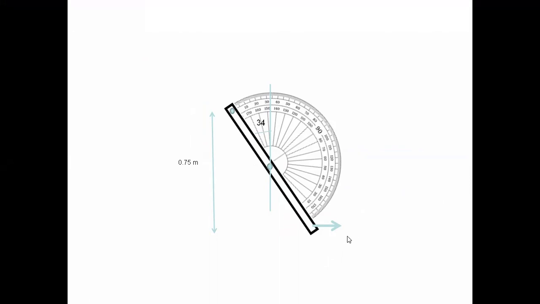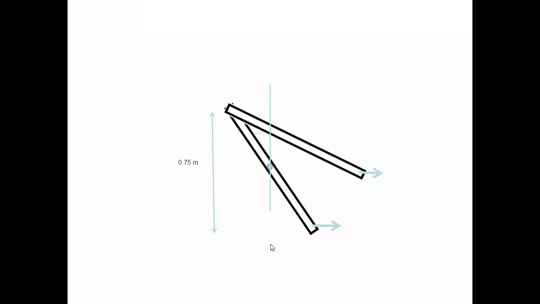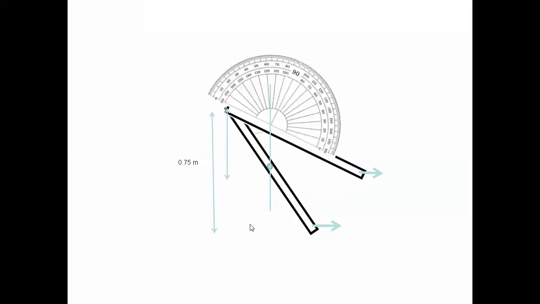When the rod is rotated so that the angle with the vertical is increased, this distance 0.75 meter will now be less. This is the new position, and this is the perpendicular distance between F and the pivot. D is smaller, which means F has to be greater to provide the same moment. So the angle with the vertical has now increased.